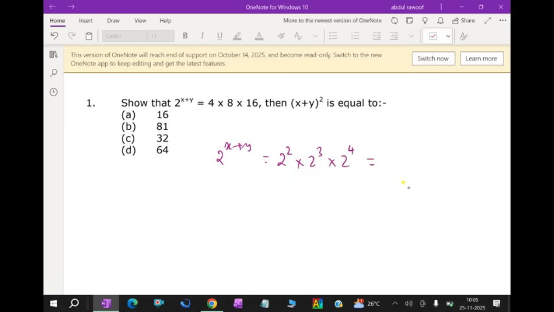Add the powers because the bases are same, so 9. Here bases are equal and powers are equated, so x plus y equals 9. Therefore (x plus y) square equals 81. Option B.